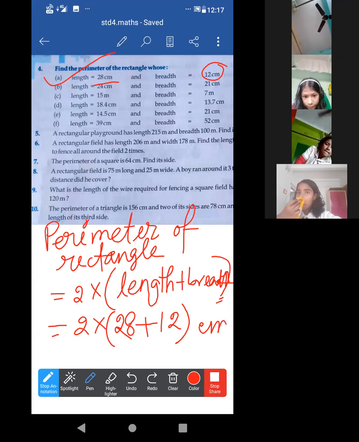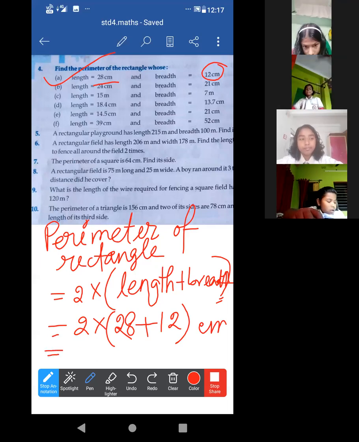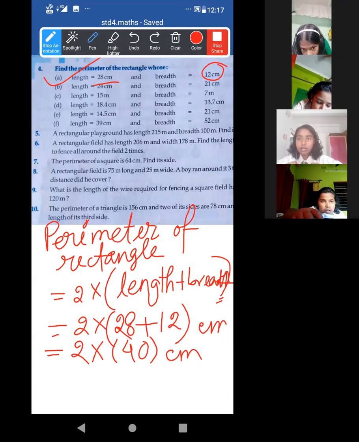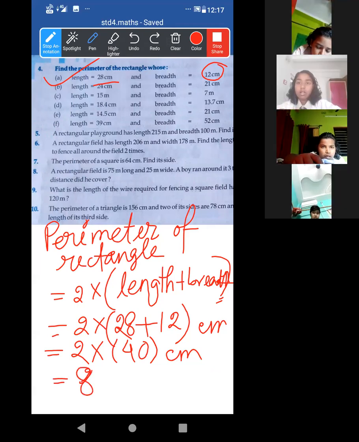Have you understood? Just add them: 40 centimeter. Now 2 into 40 means 80 centimeter. Got it?